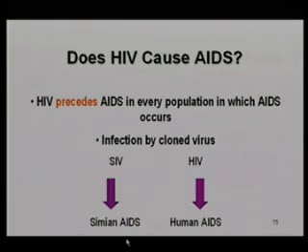Some people argue that Koch's postulates, you've probably come across Koch's postulates, have not been fulfilled. It's one of the arguments made by the camp that says HIV does not cause AIDS. Well, one of Koch's postulates: you isolate the organism, you inject it into an animal or patient who has not received the organism, and you look to see if disease results.